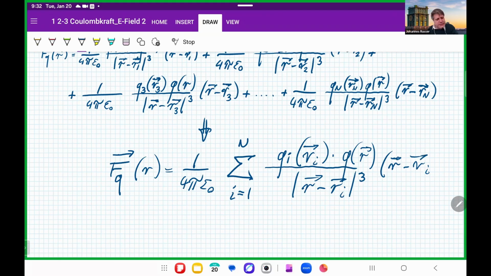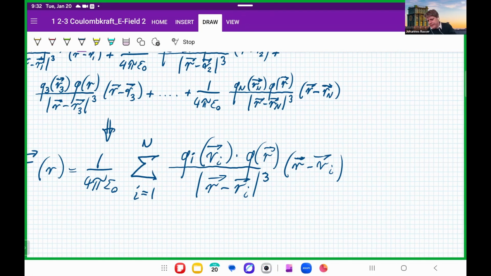So you see, this is a quite compact formulation. This is equation 1.2.